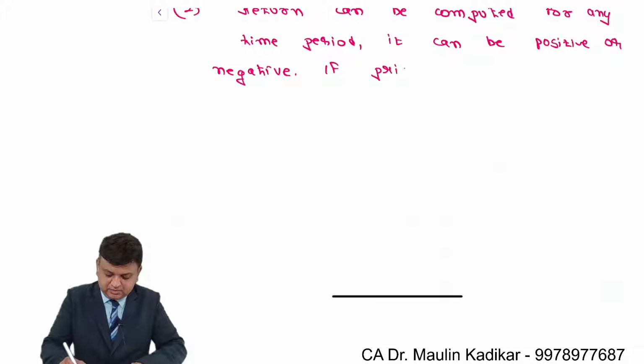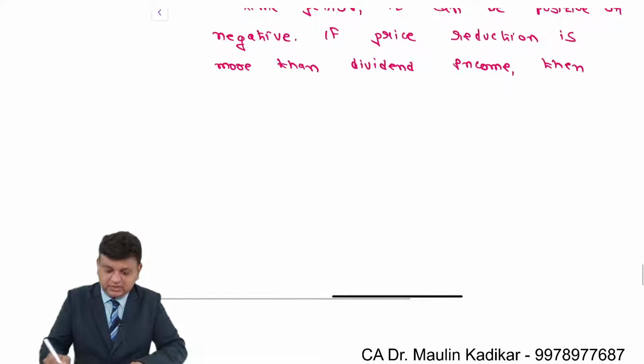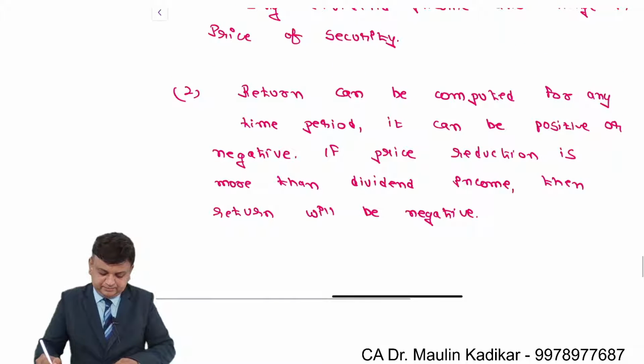If price reduction is more than dividend income, then return will be negative. Full stop.